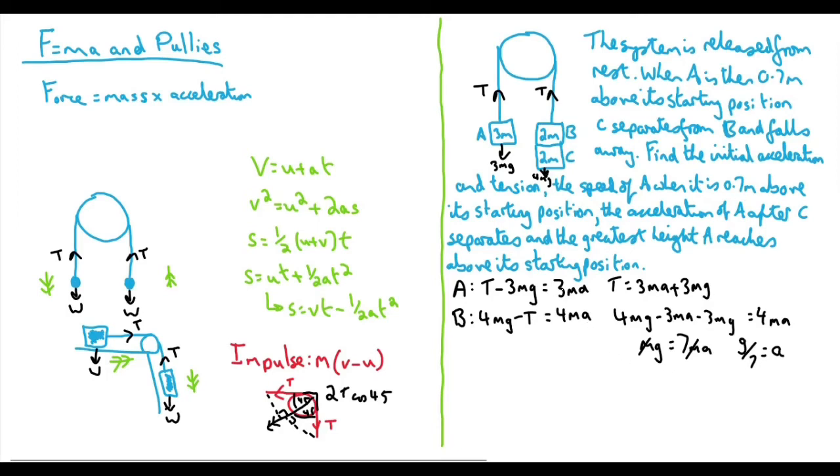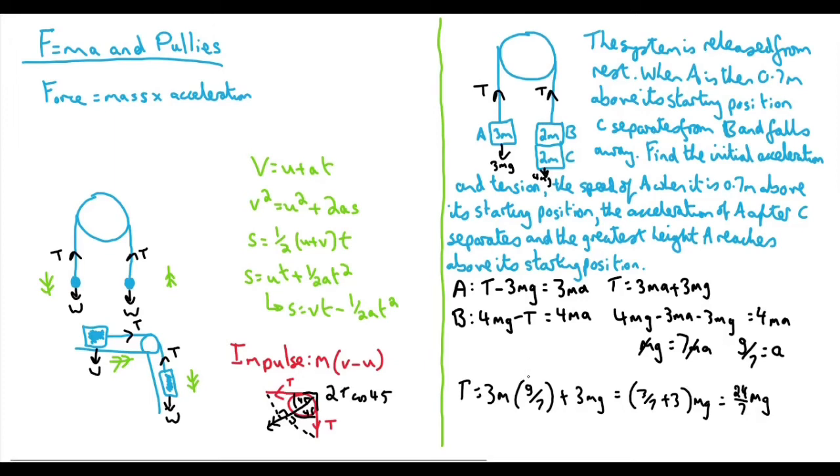But as for the tension, if we now plug that back in here simply, T equals 3m times g over 7 plus 3mg. So together, if you were to just bring the mg's together, that would leave you factorized out 3/7 plus 3, essentially, mg, which together is going to be 24 over 7 mg.